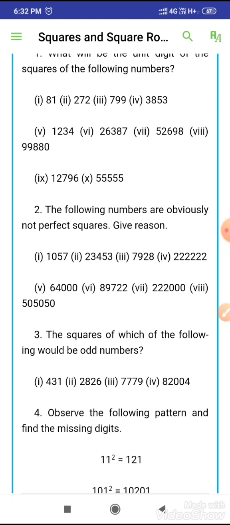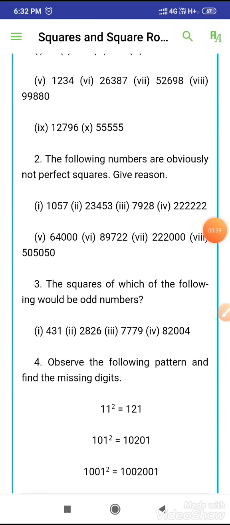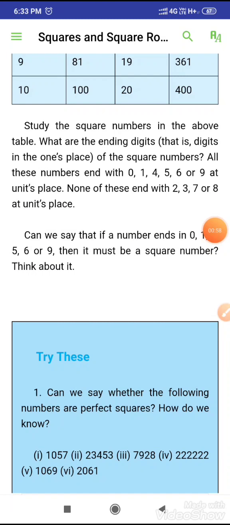In the second question, the following numbers are obviously not perfect squares. Give reason. So look at these numbers carefully and remember the first property we learned: if a number ends with 2, 3, 7 or 8 in its unit place, then this number is not a perfect square.